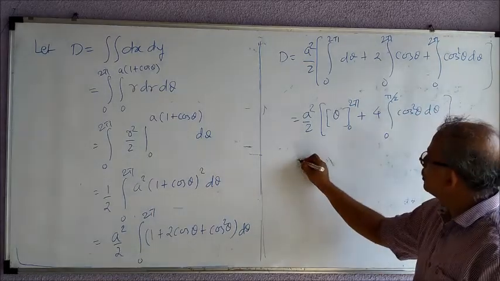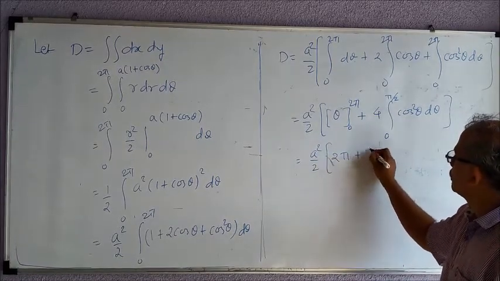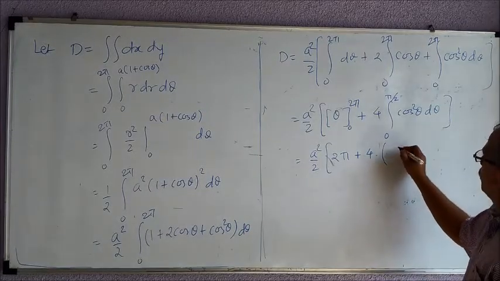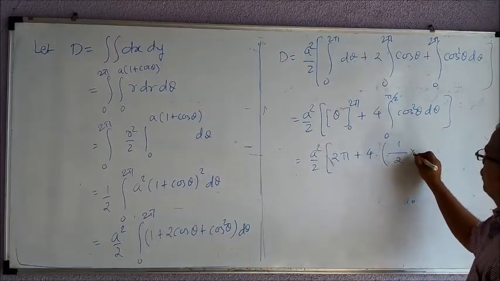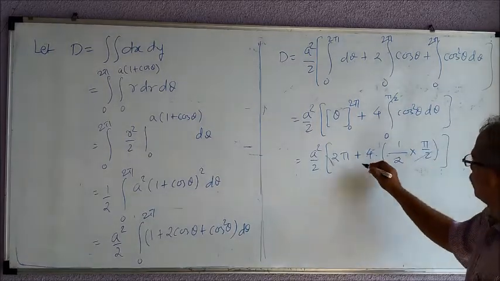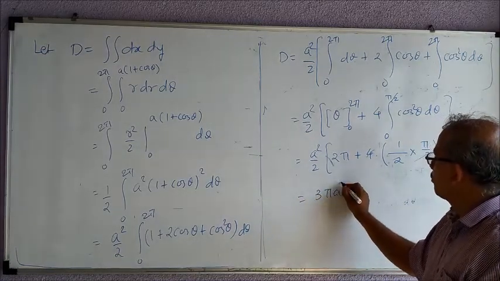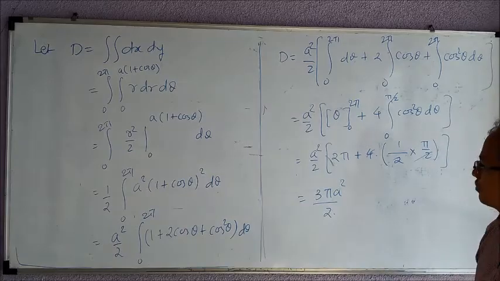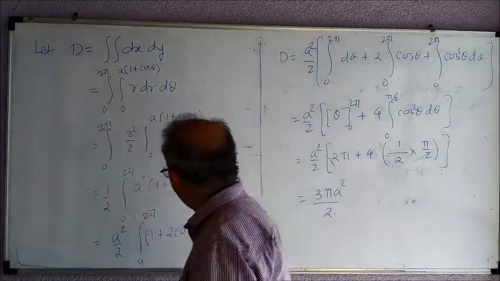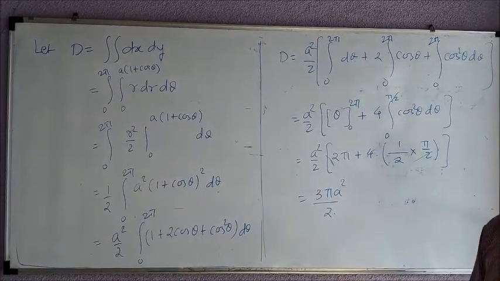This is equal to a square by 2 into bracket 2 pi plus 4 into, as we know how to evaluate this, 1 upon 2 into pi by 2. This 4 gets cancelled and we get 3 pi, so this is 3 pi a square by 2. This is the denominator that we have obtained.